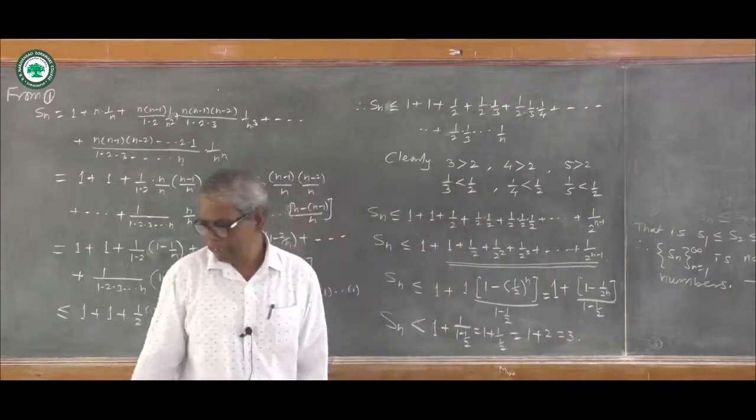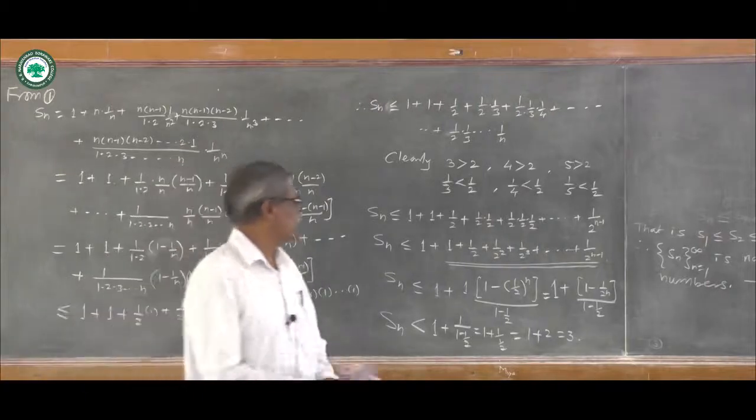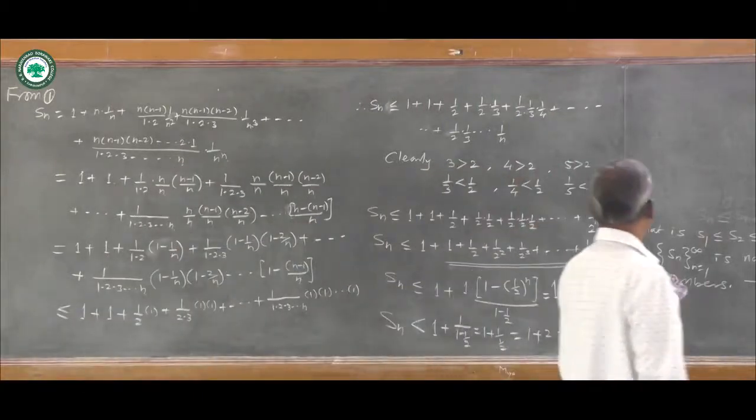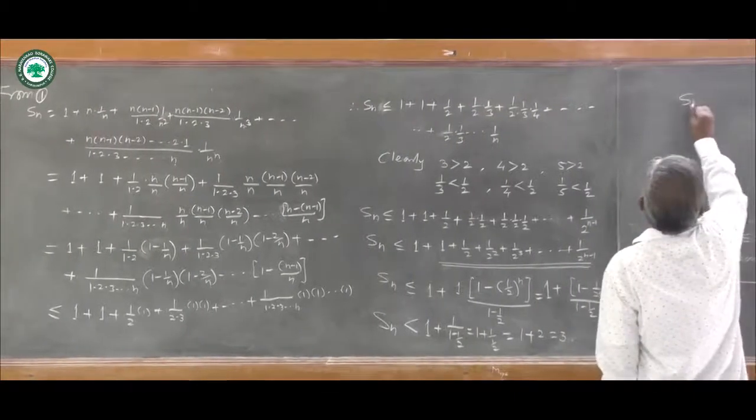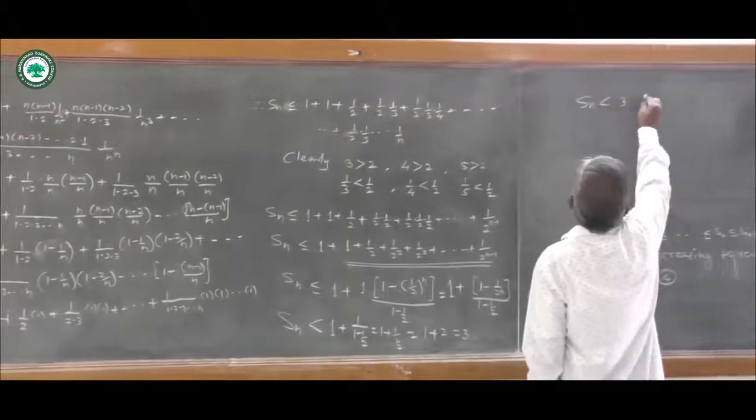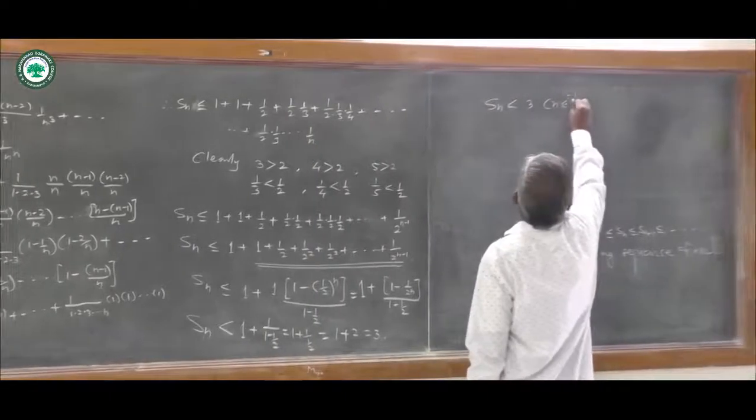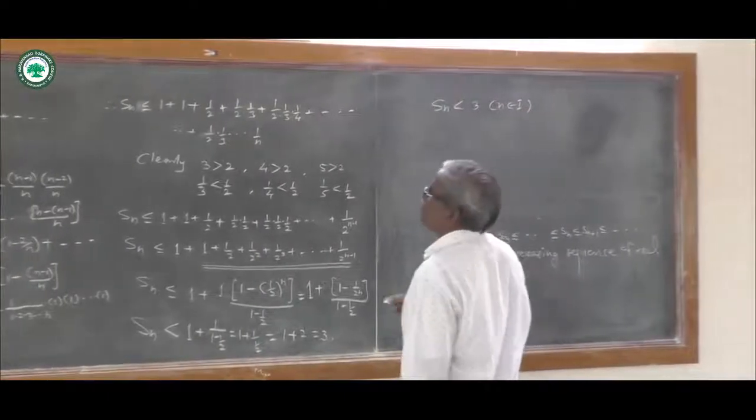Therefore, Sn is less than 3 for all n belongs to I.